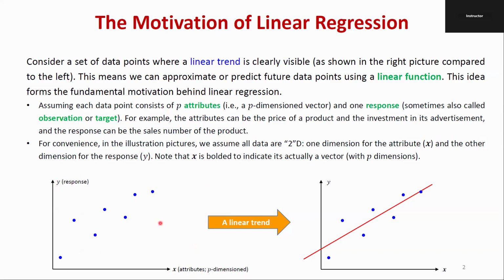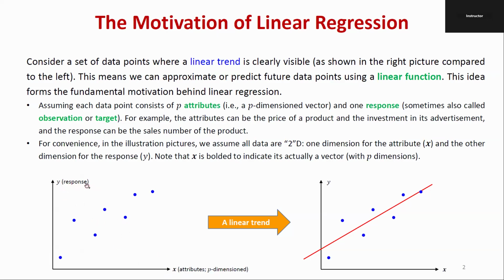No one can plot 4D, I'm afraid, otherwise you could easily get a Nobel Prize. However, in real cases, one attribute versus one response is super simple, and typically it won't be the case. In a practical example, you might have hundreds, thousands, even millions of attributes versus one response.